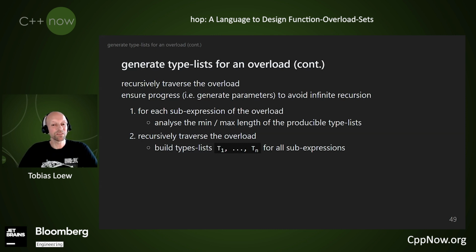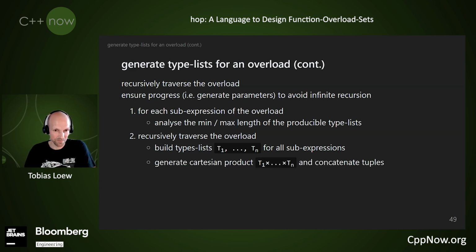But when the sub-expression is something more complex, it may be a type list containing a lot of type lists, a type list of length longer than one containing all the generated parameter sets.